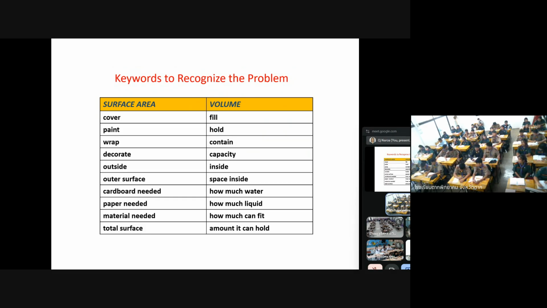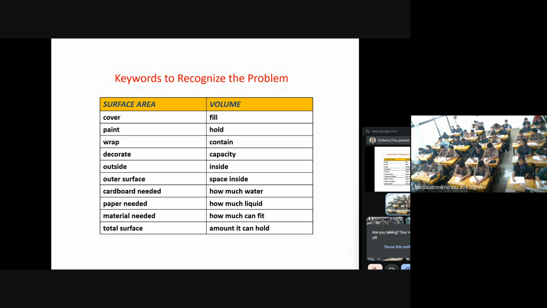Gift wrapper. So outside also, we're gonna solve for outside. And then decorate. And then outside surface, cardboard needed, paper needed, material needed, and total surface. These are the list of keywords that you need to remember if you want to recognize that the problem is surface area.